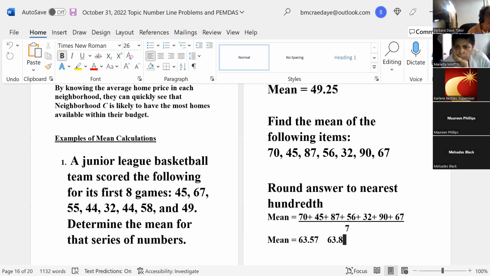I'm just guessing right now. Maybe 63.857. So they want it up to the hundredth. 5, 6. So it's 63.86.